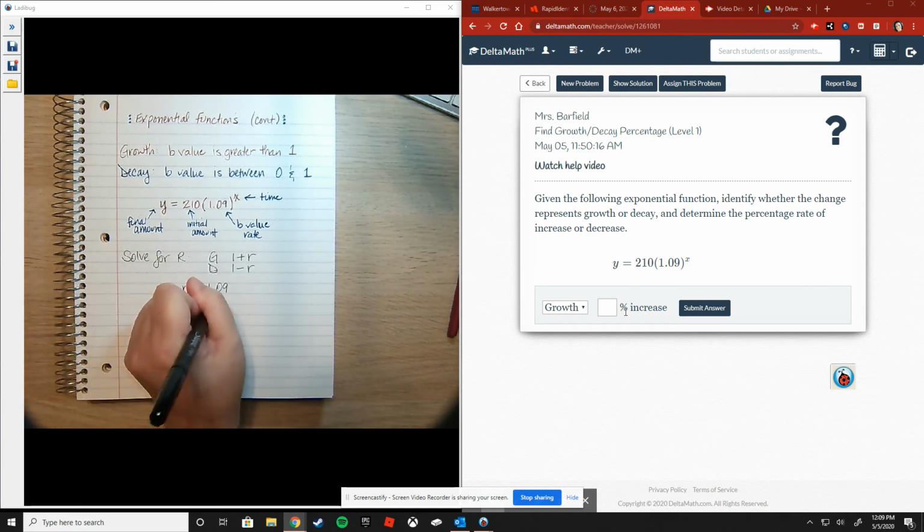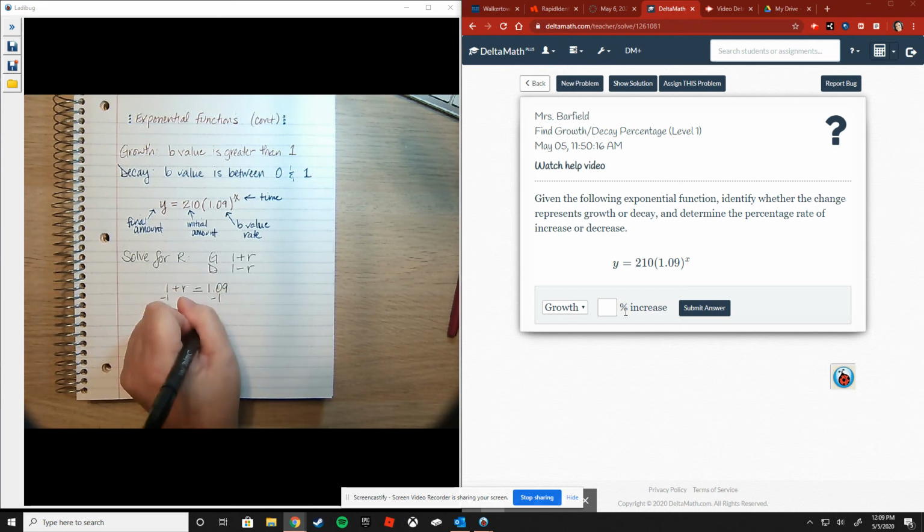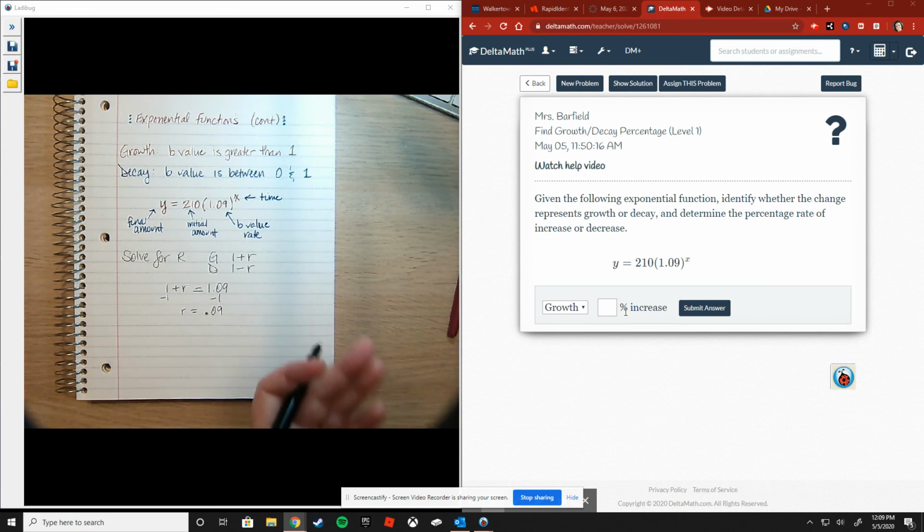So I'm going to subtract 1. All right. And so my r equals 0.09. Well, that's a decimal, and if I'm looking at my Delta Math screen, it says it needs a percentage. Well, 0.09, if I want to convert that to a percent, I multiply by 100.